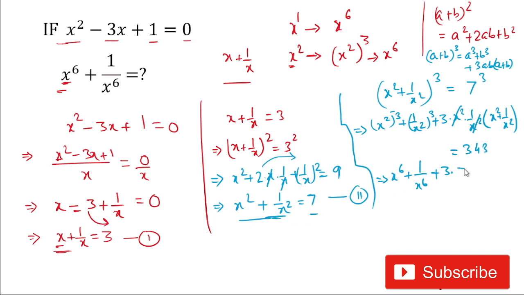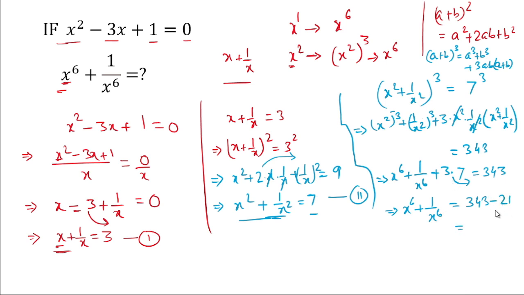So we'll put 7, is equal to 343. Now we'll solve it. X to the power 6 plus 1 by x to the power 6 is equal to 343. We'll take 3 multiplied by 7 to the right hand side. It will be minus 21.